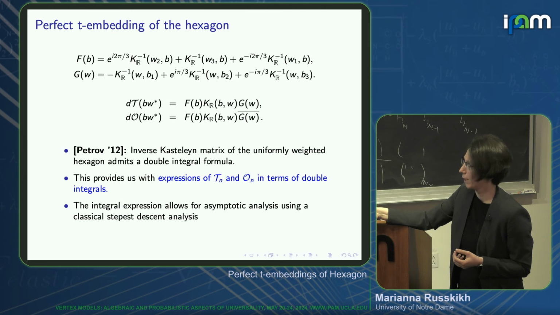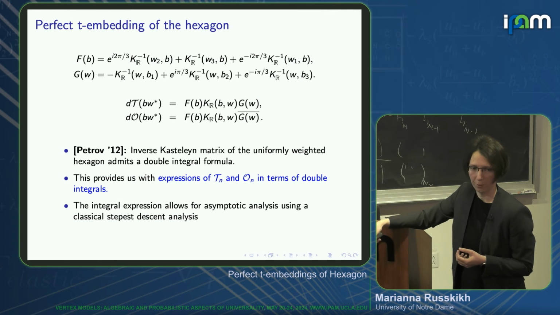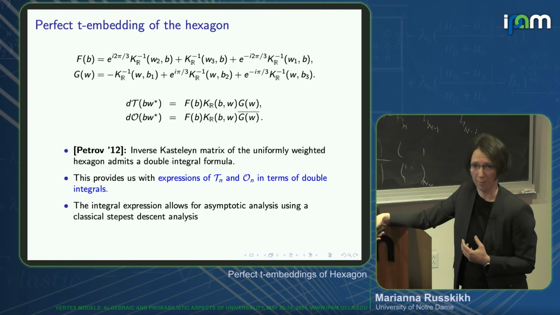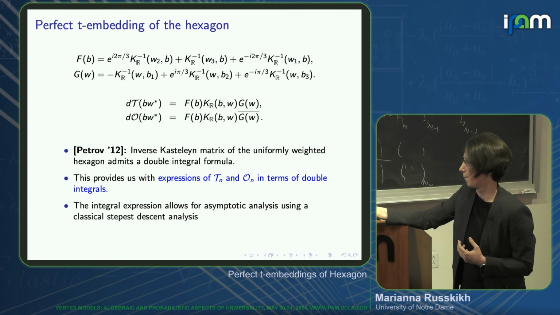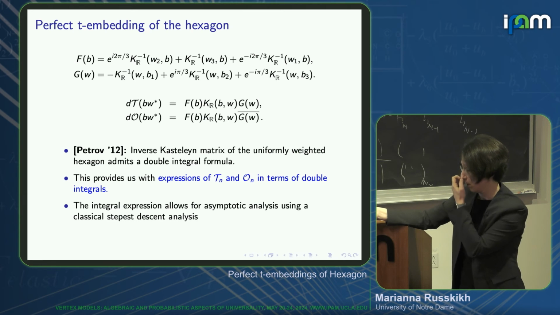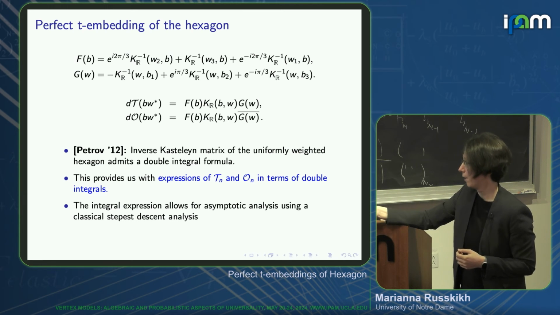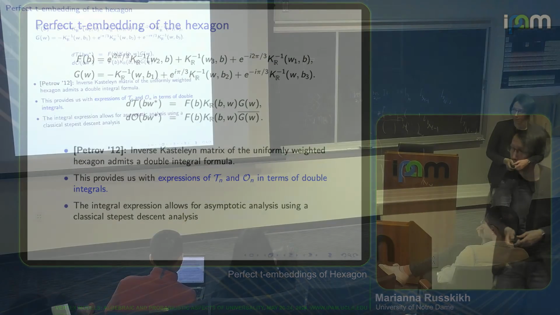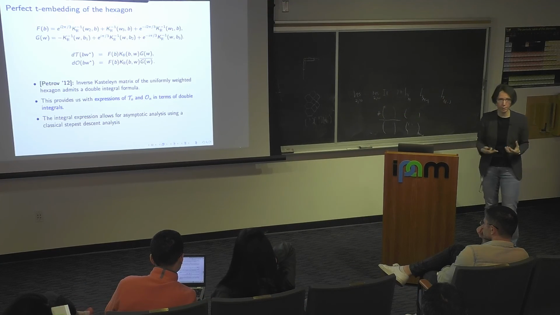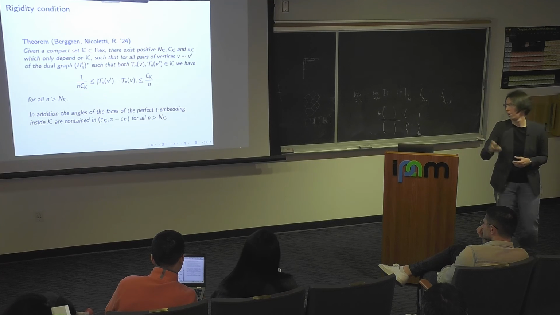This gives you double integral formulas for the gauges themselves. And now you need to integrate it to get the double integral formulas for the t-embedding and for the origami map as well. So this provides us expressions for the t-embedding and for the origami map in terms of double integrals. And this allows us to do the asymptotic analysis using a classical steepest descent analysis. And using these, we can prove the convergence.